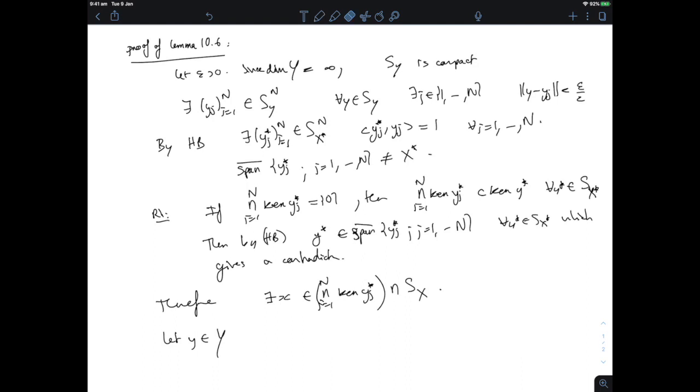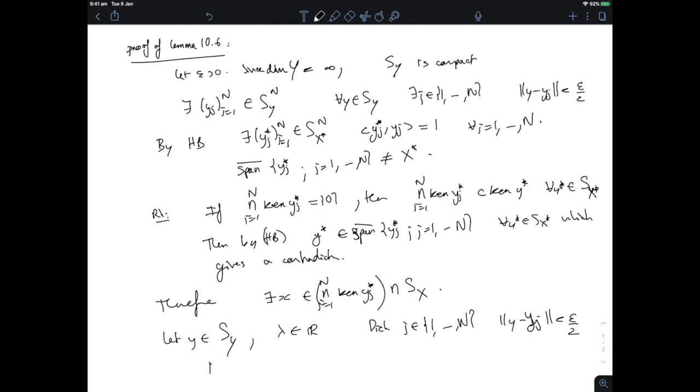So let's pick it in the unit sphere to start with. And then I'm going to pick a lambda real. And then I'm going to choose the j between 1 and n, for which the norm of y minus y_j is smaller than epsilon over 2 because of my compactness argument to start with.